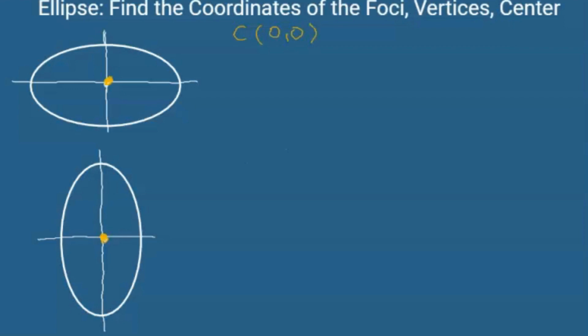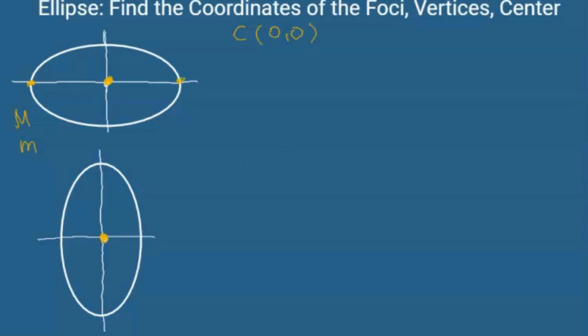Then we also have the major axis and the minor axis. So the major axis is the longest diameter of the ellipse. So in this case, it's from here up to this point.